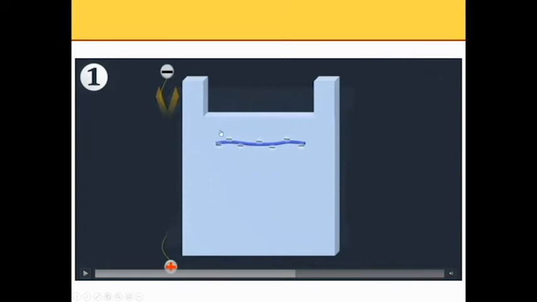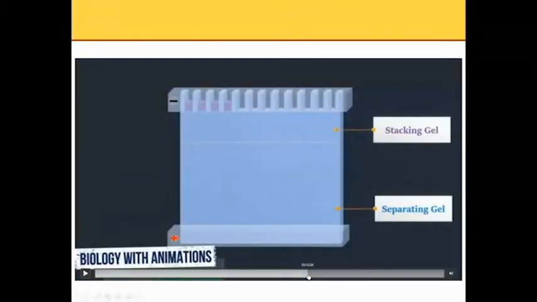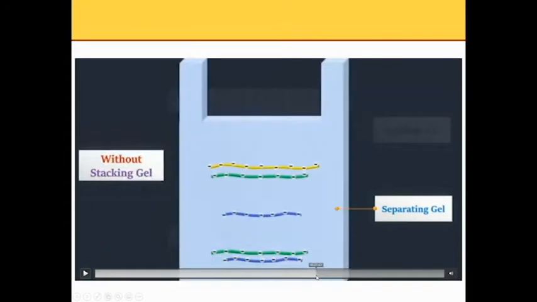So in the end, the distance of migration will be different, because smaller molecules have the longest distance of migration, and large molecules have a shorter distance of migration. All right, and that's how you separate these proteins.